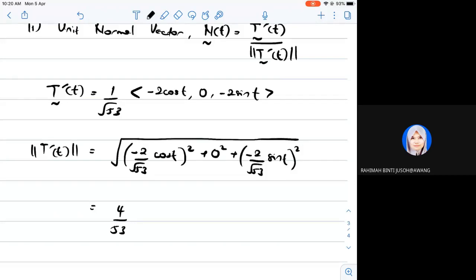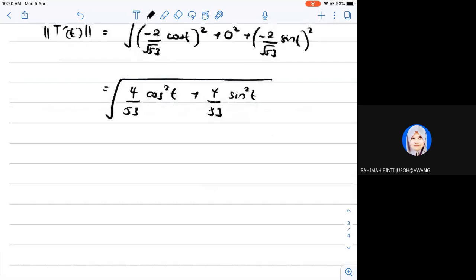Okay, so 4 over 53 cos squared t plus 0, kan. So 4 over 53 sin squared t. Macam tu. Like this. So, okay guys, memandangkan koefisien kita sama, this is 4 over 53, 4 over 53, and then now we know that cos squared plus sin squared equals 1, so we can apply the trigonometric identity formula.